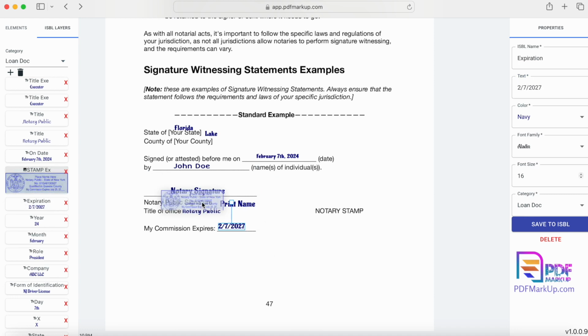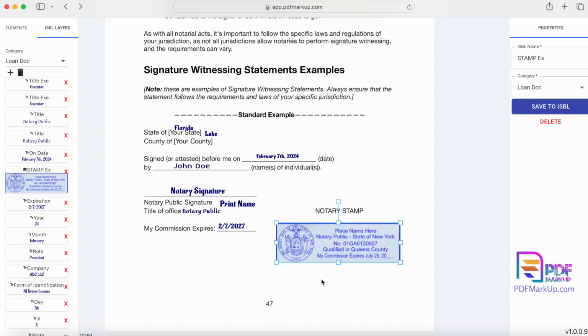And you're going to go ahead and stamp that. Okay, and that's how you fill out that standard example of this notarial language.